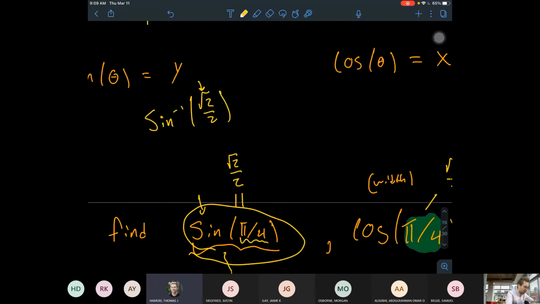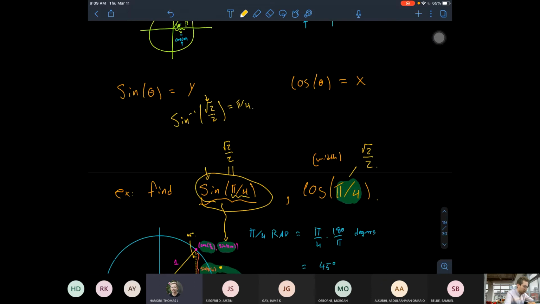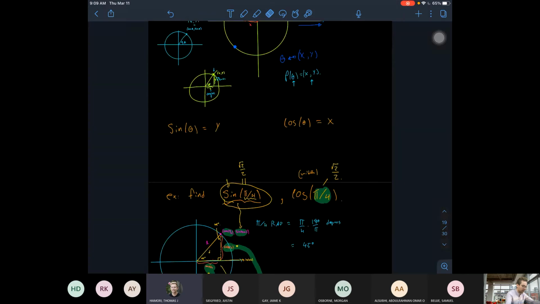Well, actually, there's two of them. And then this is going to be equal to pi over 4. It's going to spit back out the angle which produces that y-coordinate. Okay, so we're going to have this relationship later on, but we'll think more about that later. I don't want to confuse you guys about that so far.